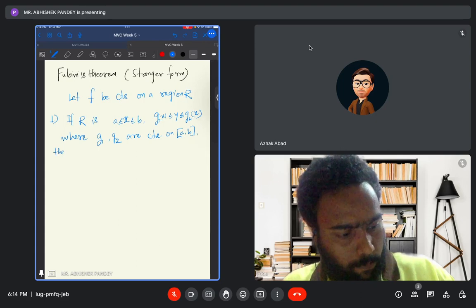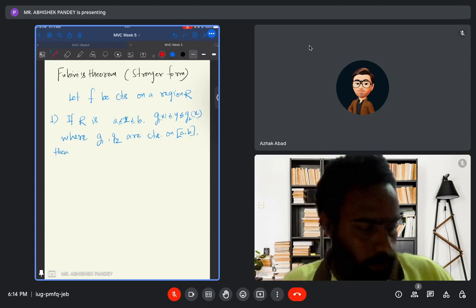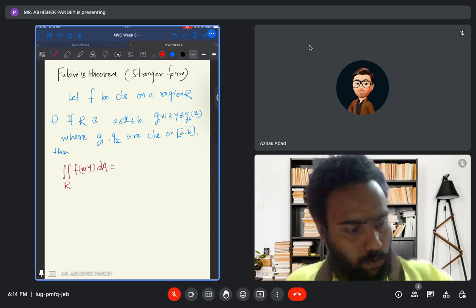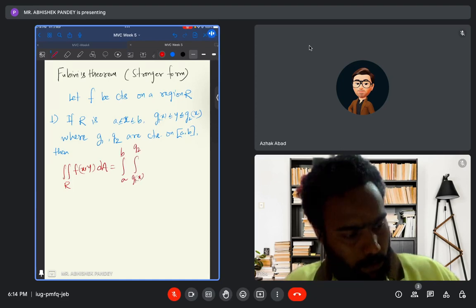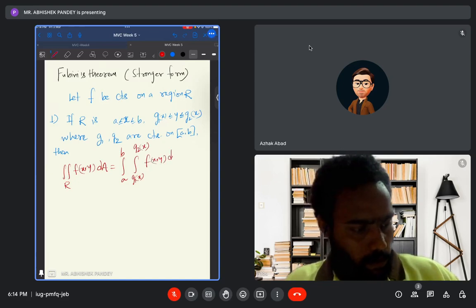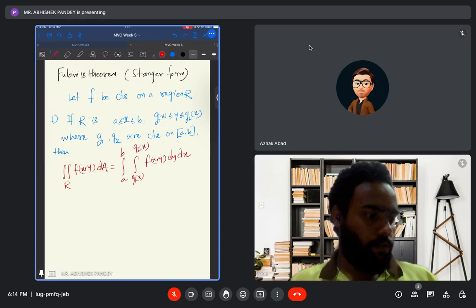Then this double integral of f dA is equal to the integral from a to b, from g1(x) to g2(x), of f(x, y) dy dx.